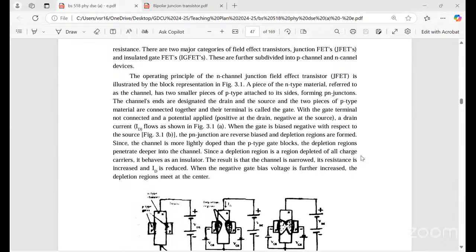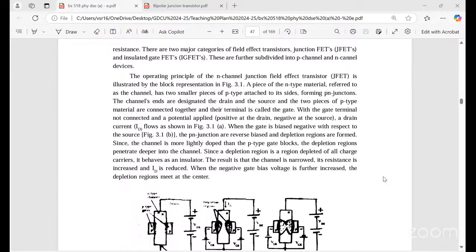A piece of N type material, which may be referred to as a channel, has smaller pieces of P type attached to its sides, forming PN junctions. The channel's ends are designated the drain and the source, and the two pieces of P type material are connected together to a terminal called the gate.